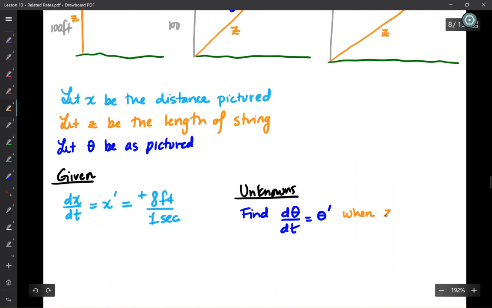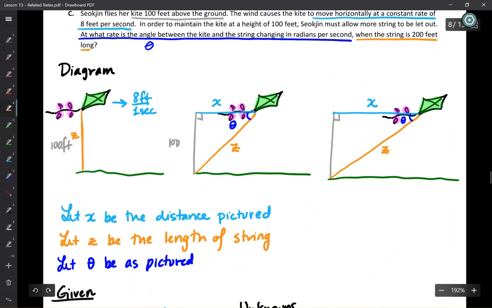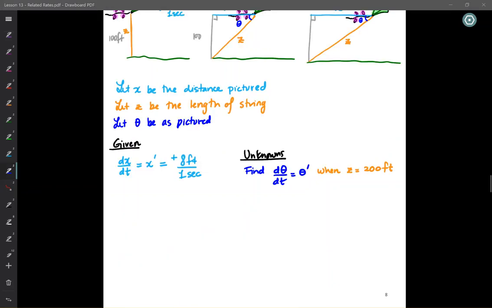When z is 200 feet. Okay? And now we have to think about how these variables are related to each other. How are x, z, and theta related to each other? I want to pause for a second and have you think about that, and then we'll move forward.